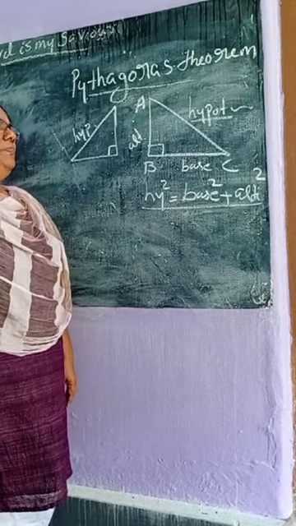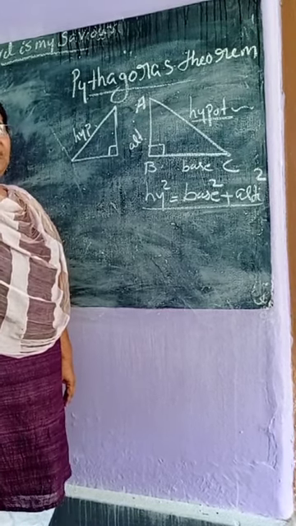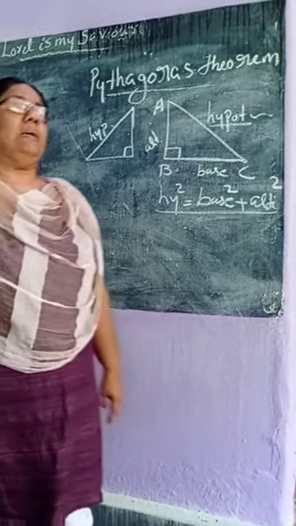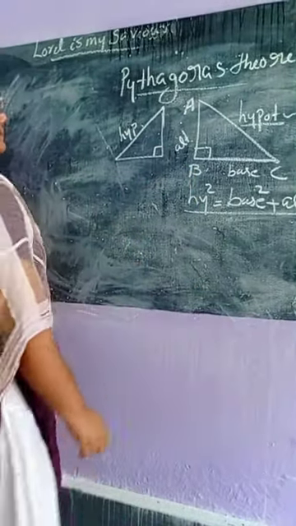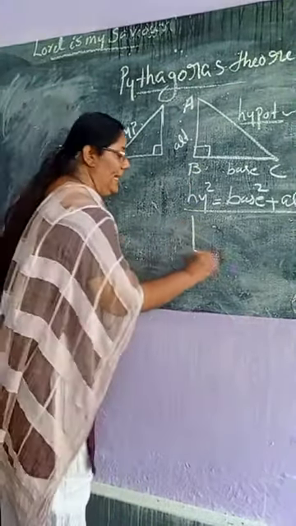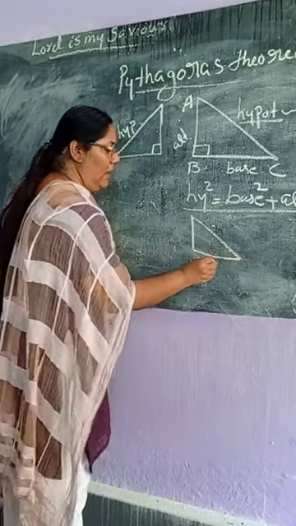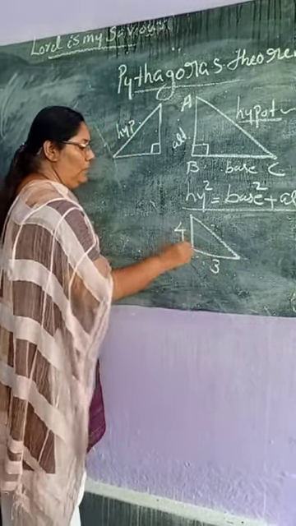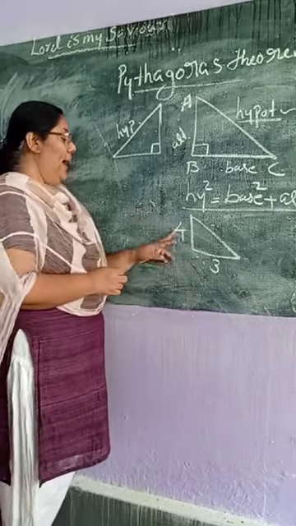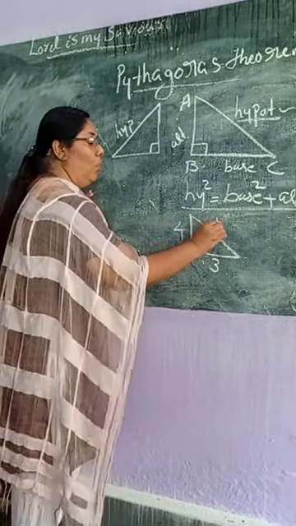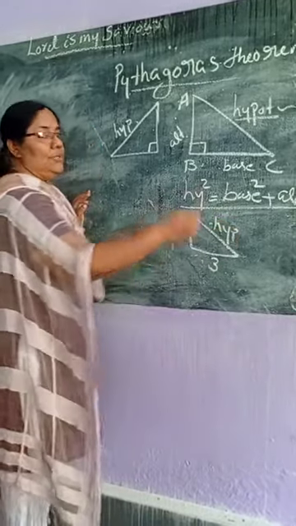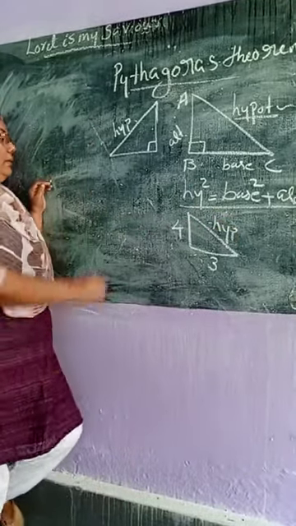You already studied about this, isn't it? What is Pythagoras theorem? Okay. For example, the sides of a triangle are 3 and 4. The base is 3 and the altitude is 4. My question is, what is the hypotenuse?